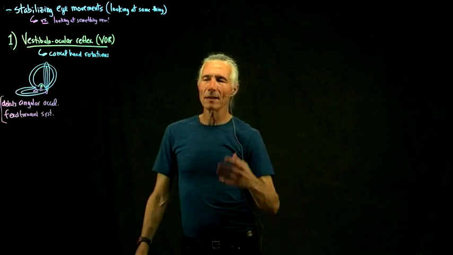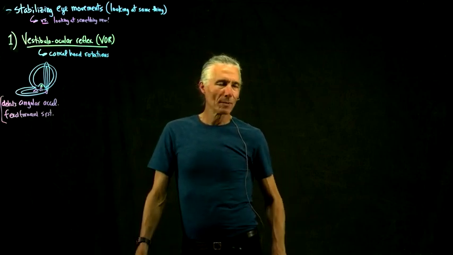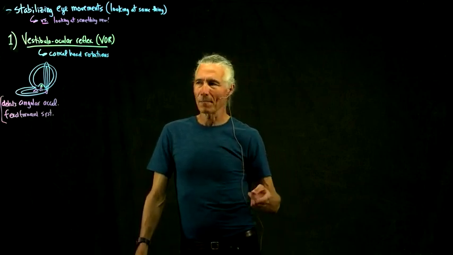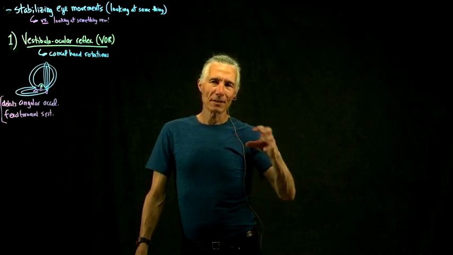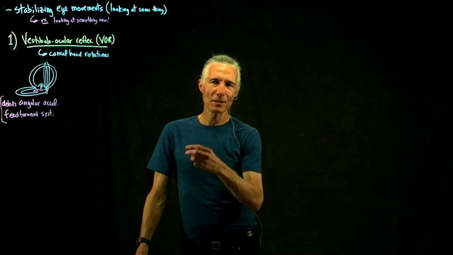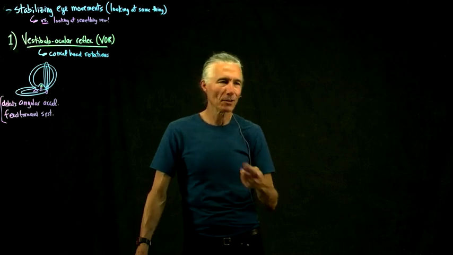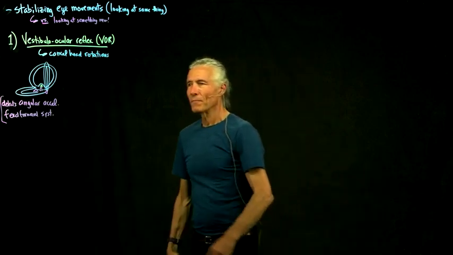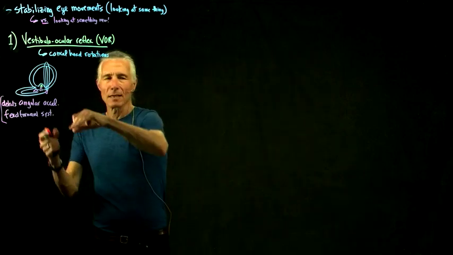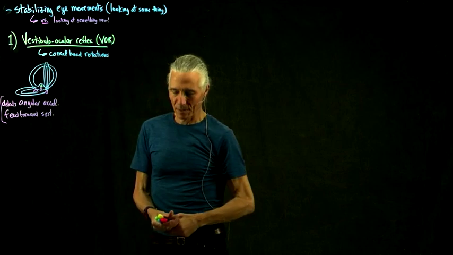And we're going to see another stabilizing eye movement system. It is a feedback system where it gets a signal. That signal affects the signal that you're measuring, and then you measure the signal again. So it's a circular system. This one is just a feed-forward system. So it just detects the rotation, and then it just sends it to the eye muscles.